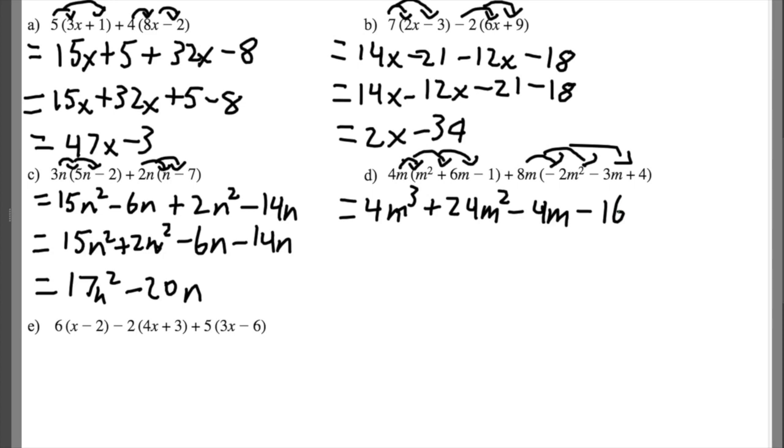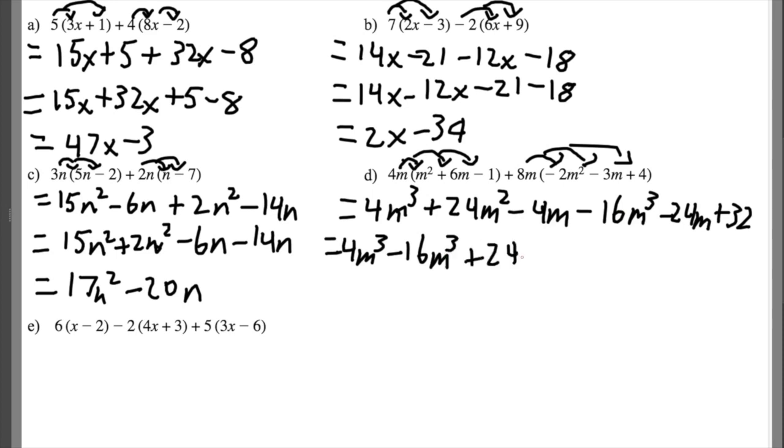So again, we'll move all the like terms together. So this will be 4m cubed minus 16m cubed plus 24m squared. I realized I forgot to add a squared on the negative 24m, and I forgot to add m to the last 32 there.